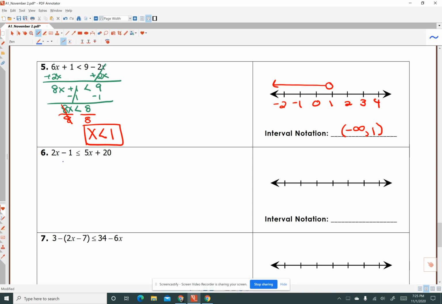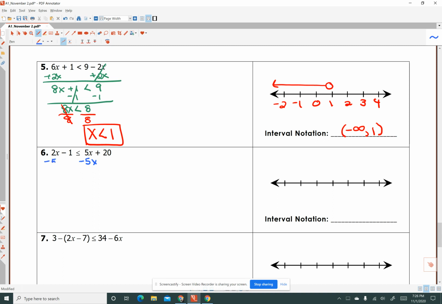I think I will subtract 2x from each side. Maybe not. No, I'm going to subtract 5x. That might be easier.